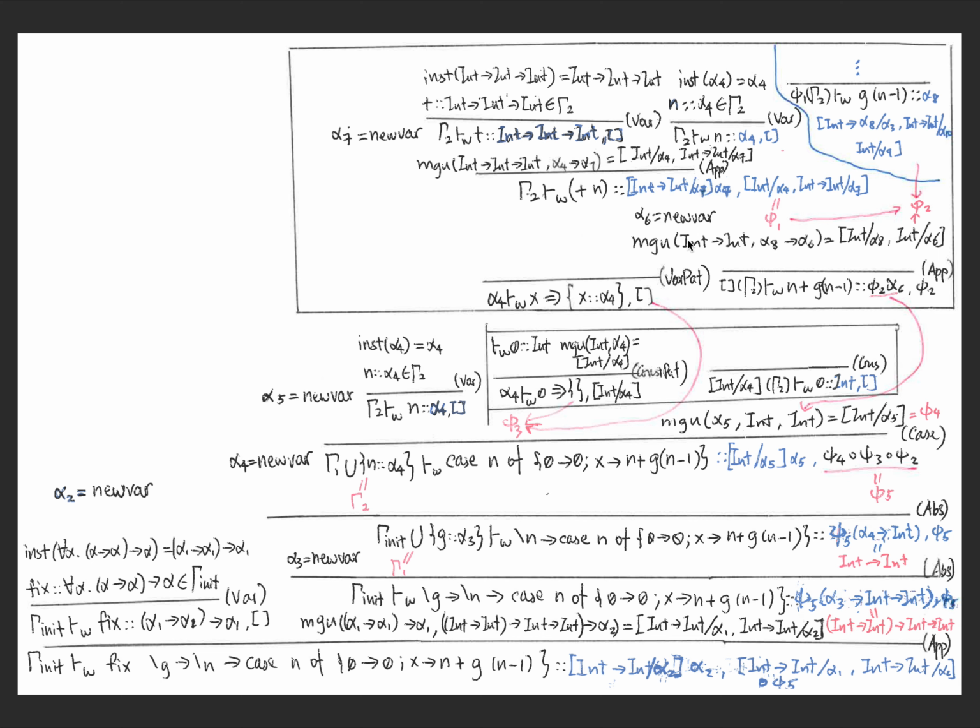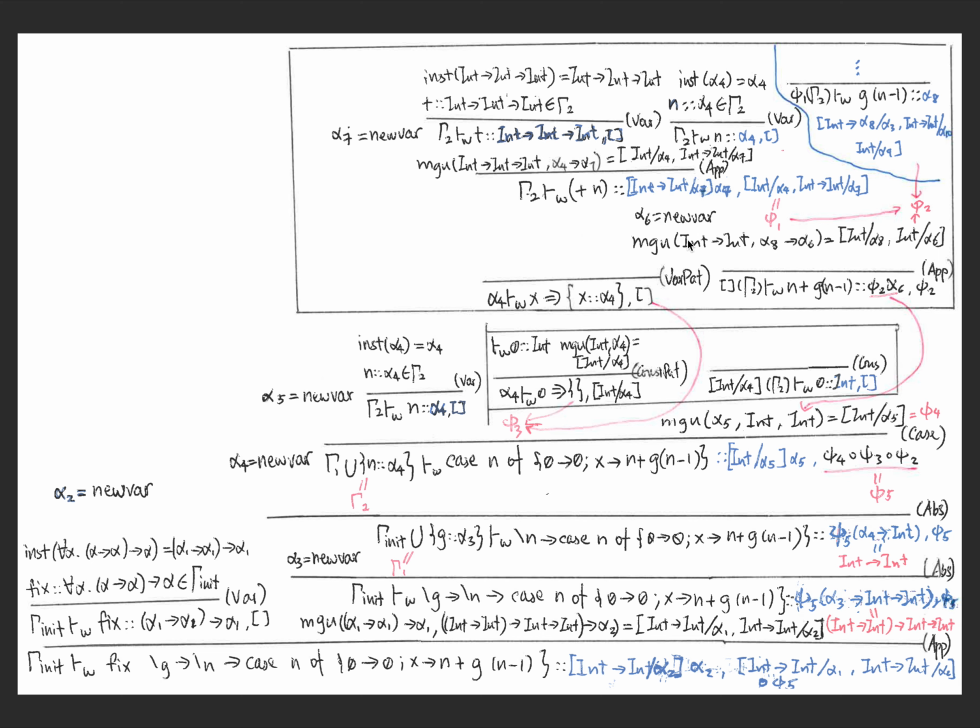Next, we're going to perform a unification on the plus type, and alpha4, which is the actual argument's type, and alpha7, which is the return type of the function application. So if we apply MGU of this, we'll get back the substitution where we replace alpha4 with int and alpha7 with int to int.